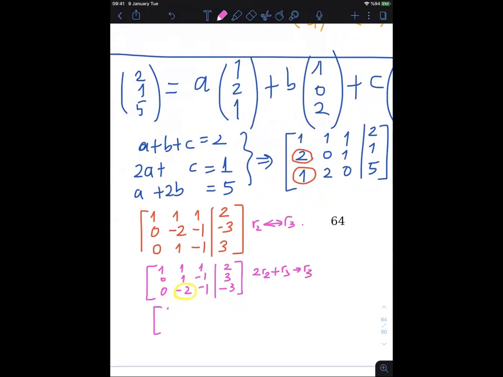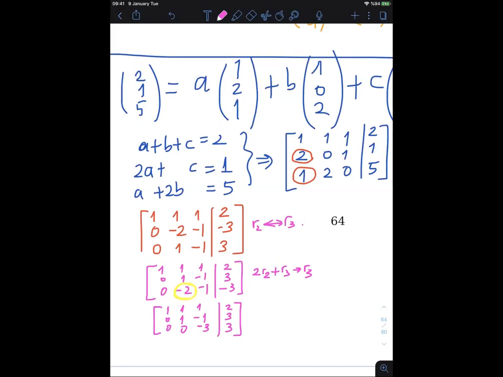If I do it, I get 1, 1, 1, 2; 0, 1, minus 1, 3; and then 0, 0, minus 3, and this becomes 3, right? I hope this is correct. If I make any mistakes, so I think I have the answer here.